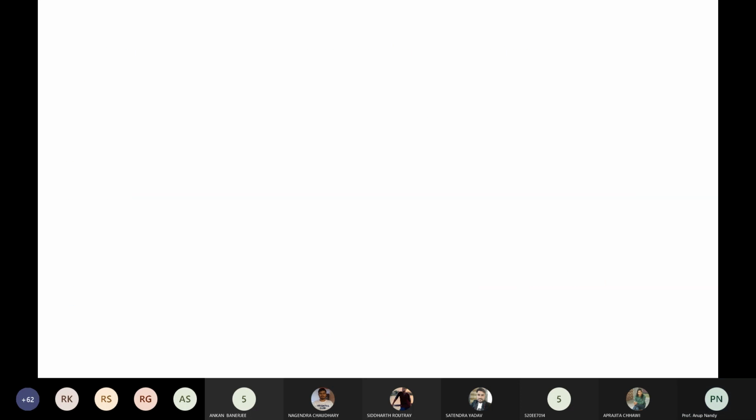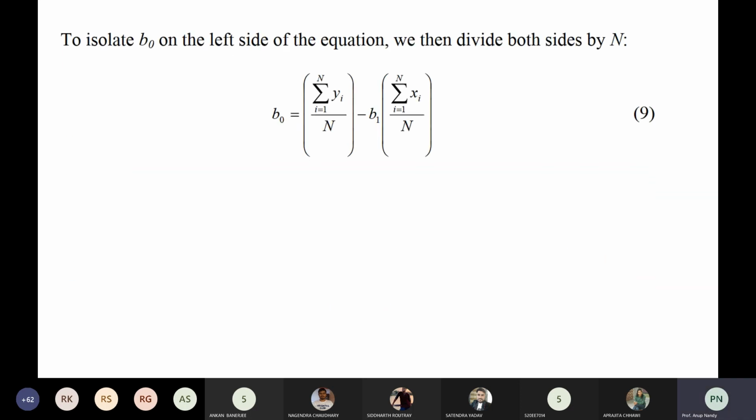Then how do you do these things? To isolate b naught on the left hand side of the equation, we divide both sides by n. Then what can I write? Mean with respect to y and x. Good. Then b naught is equal to y bar minus b1 into x bar.